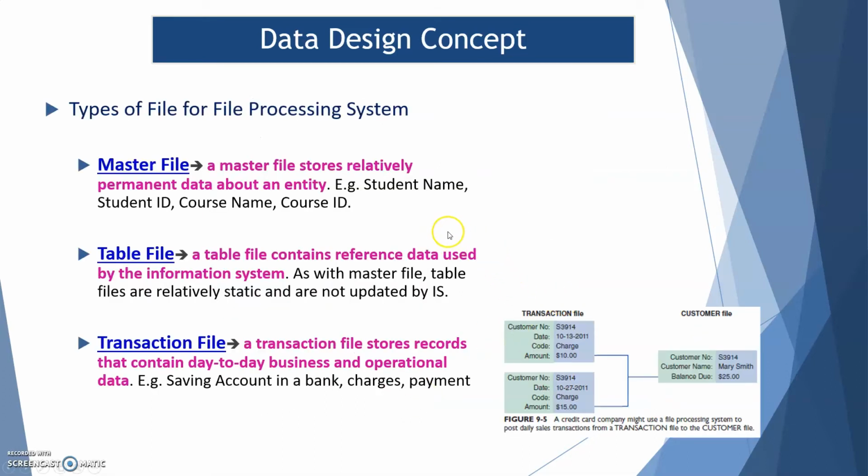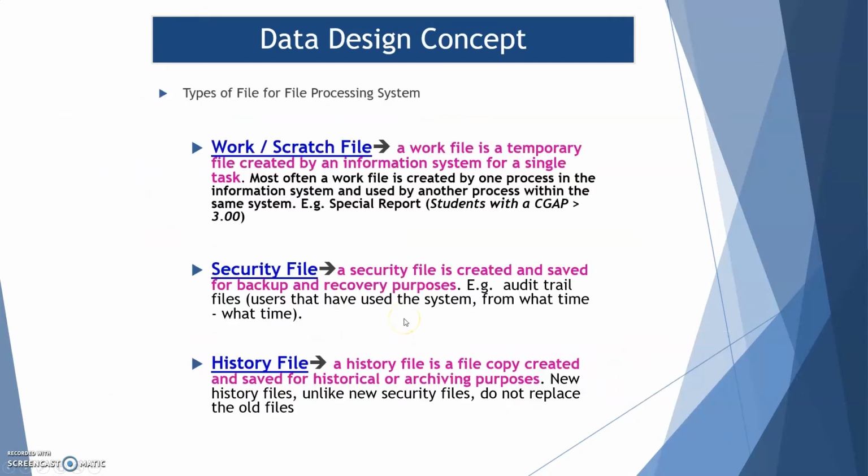A file-oriented information system can contain various types of files, including master file, table file, transaction file, work or scratch file, security file, and lastly history file.